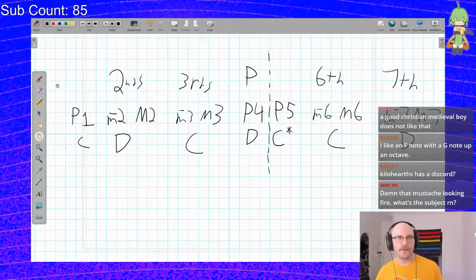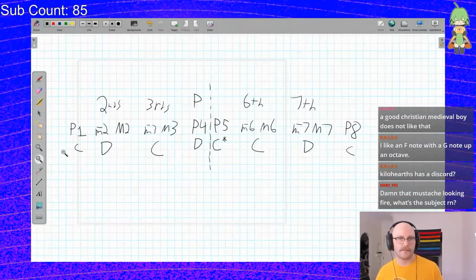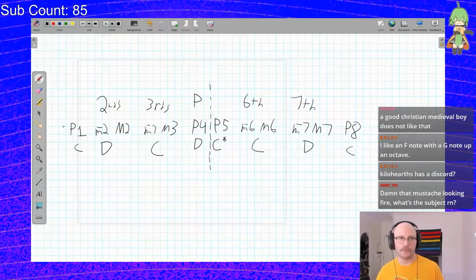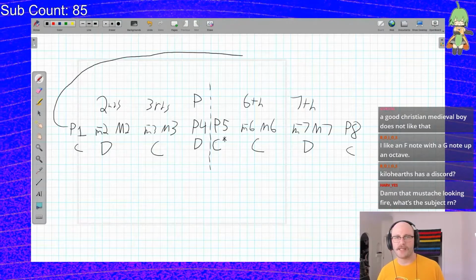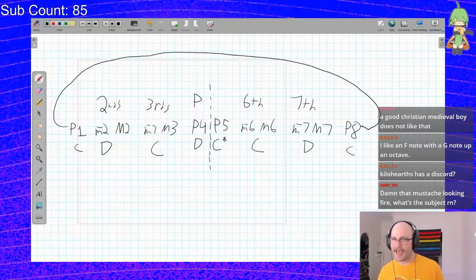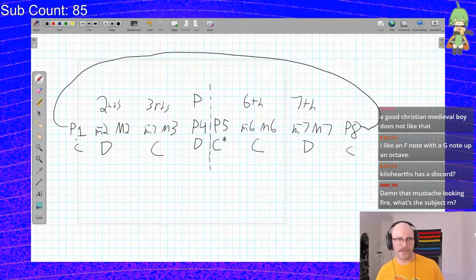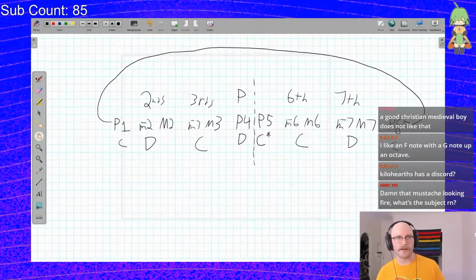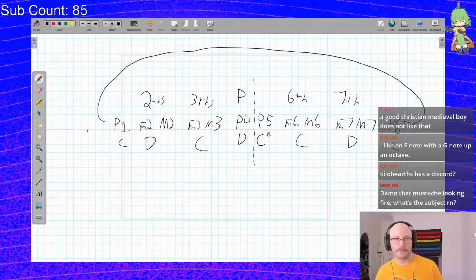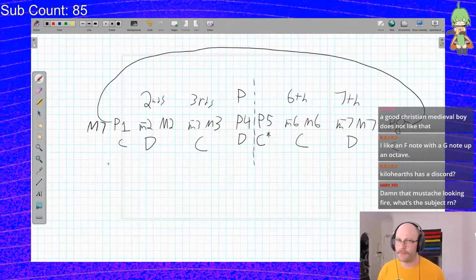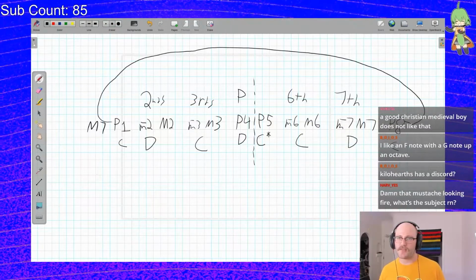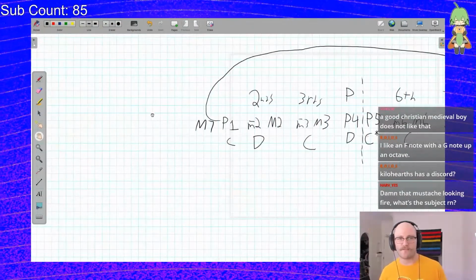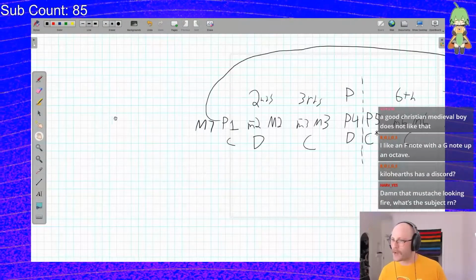Now, if we zoom out a little bit, we can look at this as a circle. This is the same exact thing as this. If we go down from the P1, the note right here is technically a major seventh, because we're perceiving this 8 as coming all the way back down, and there's a 6, 5, 4, 3, 2, 1 going back down here.